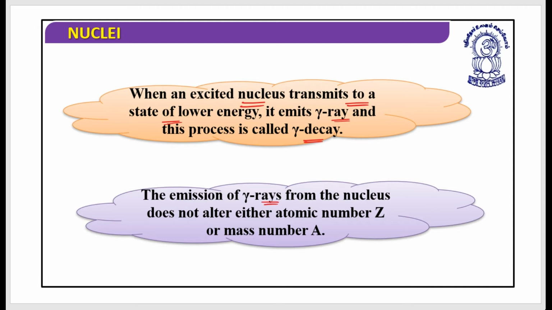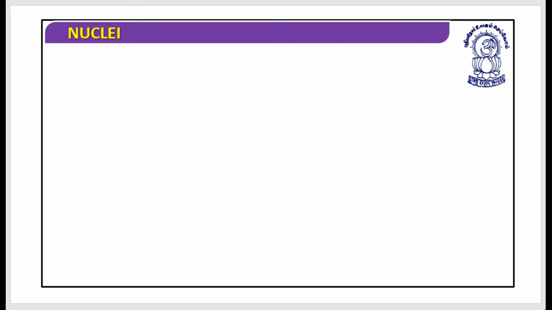This emission of gamma rays from the nucleus does not alter either the atomic number Z or the mass number A. So basically, the generalized statement is ZXA gives ZXA plus gamma.